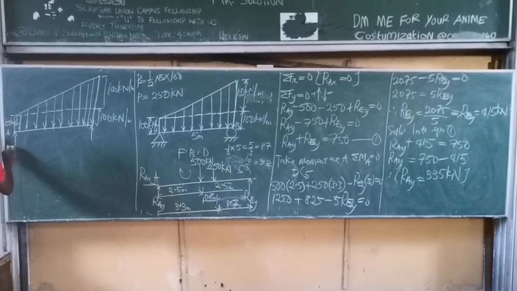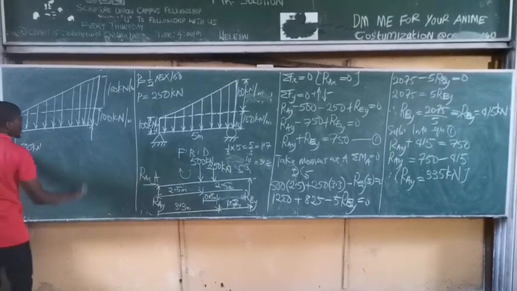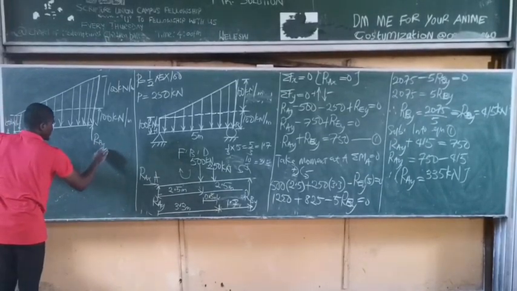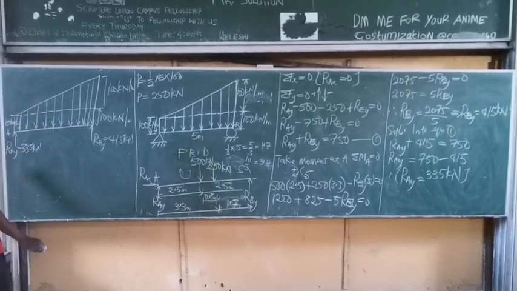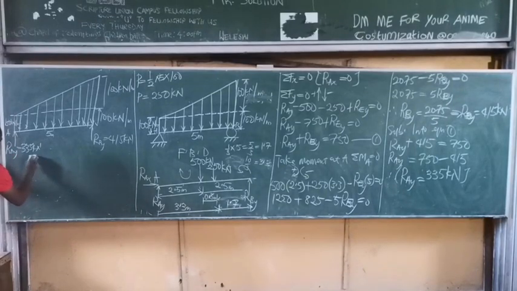So RAY is 335 kilonewtons, and RBY is 415 kilonewtons. Having known these reactions, we can now start our shear force analysis. Remember, the distance apart is 5 meters. All right, so shear force analysis.